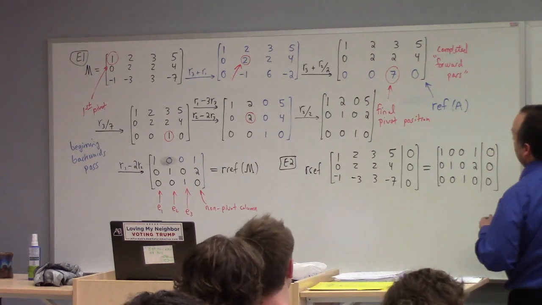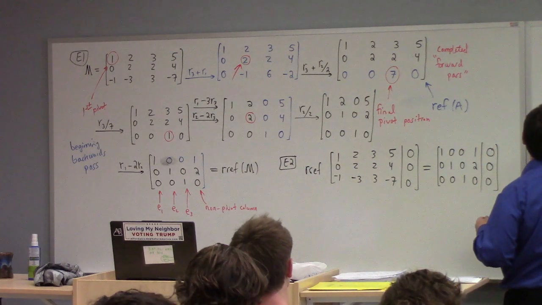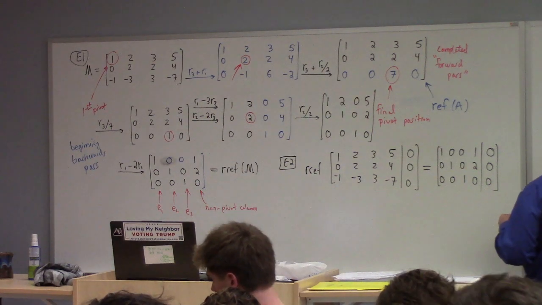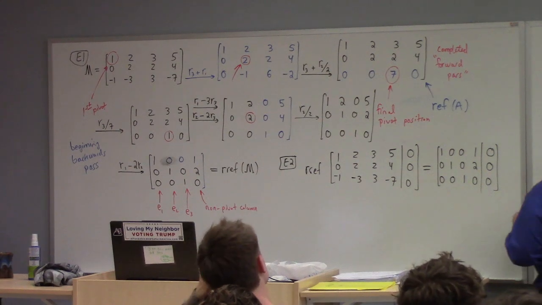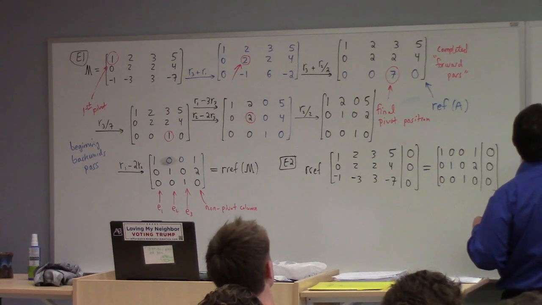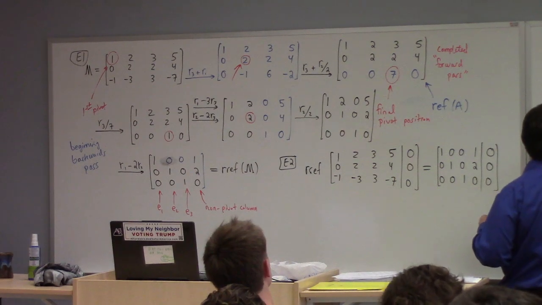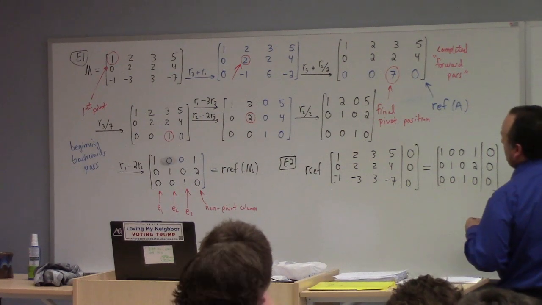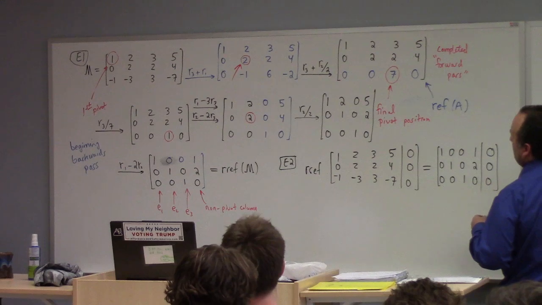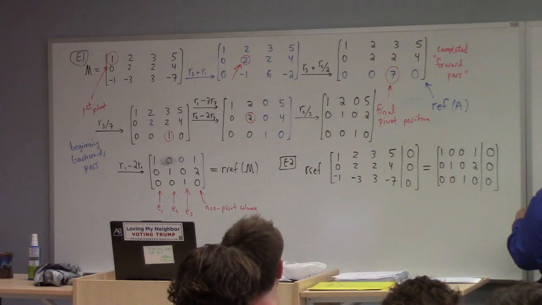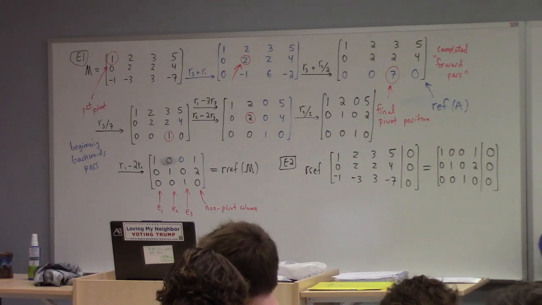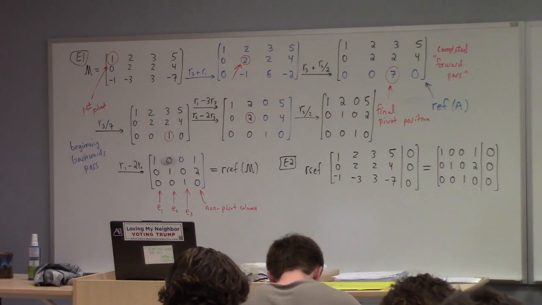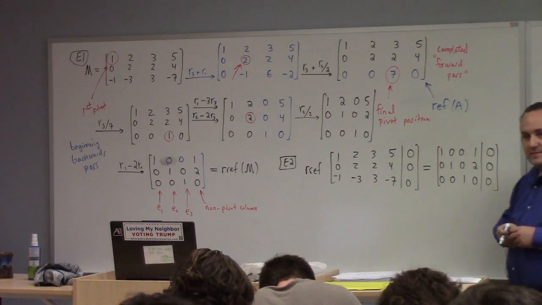If I have the system x plus 2y plus 3z equal to 5, and if I have 2y plus 2z equal to 4, and if I have minus x minus 3y plus 3z equals minus 7, right? Then this has my augmented coefficient matrix equal to the M that I gave, right?